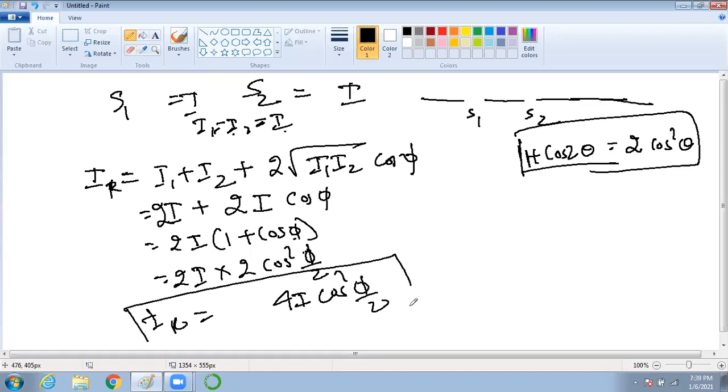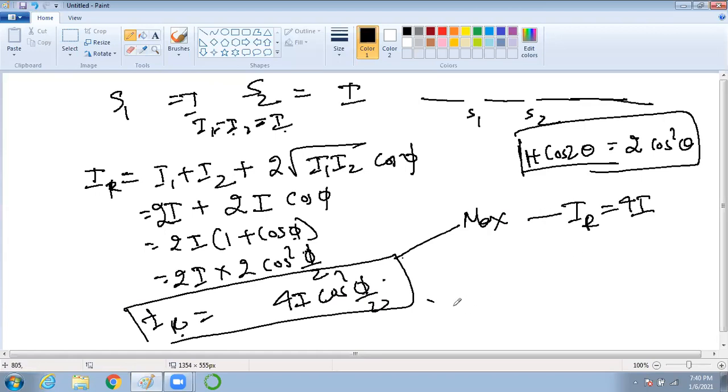Am I clear? For maxima, phi is 0. If phi becomes 0, cos phi becomes 1. So for maxima, your I_R is 4I. For minima, I_R is zero. This we have already studied. Am I correct? Yes, sir.